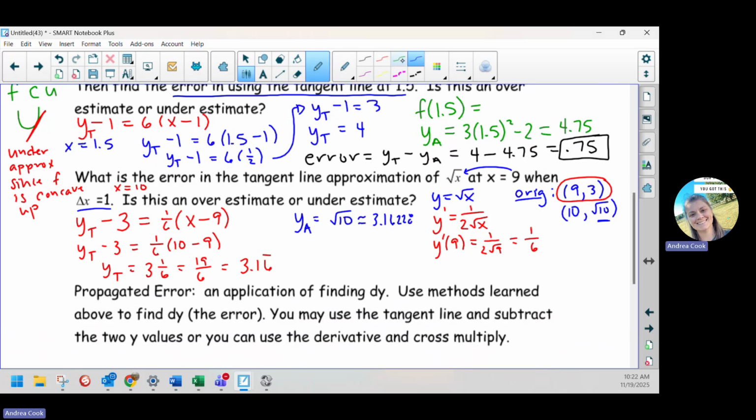So your error is y tangent minus y actual. So my tangent line was that 3 and 1/6 minus the square root of 10. Or if you subtract those two decimals, it's going to be approximately 0.0044. So that is what my error is.